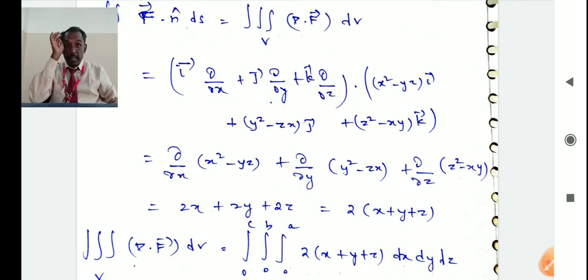Next, take the partial differentiation of the function y squared minus zx with respect to y. We get 2y plus the differentiation of z squared minus xy with respect to z in partial, we get 2z. So del dot F vector is 2 of (x plus y plus z).